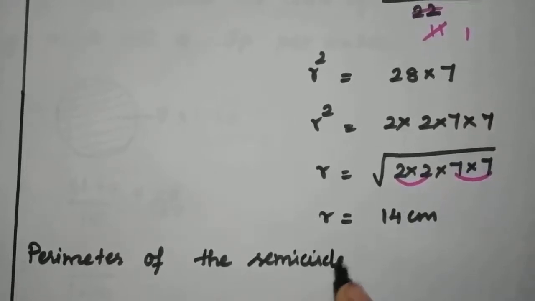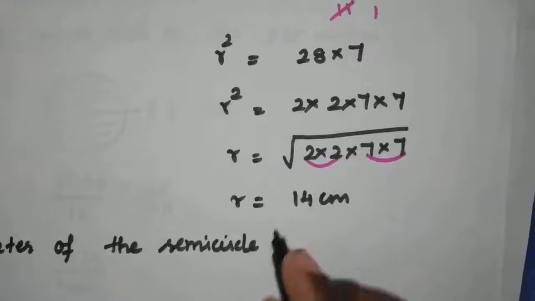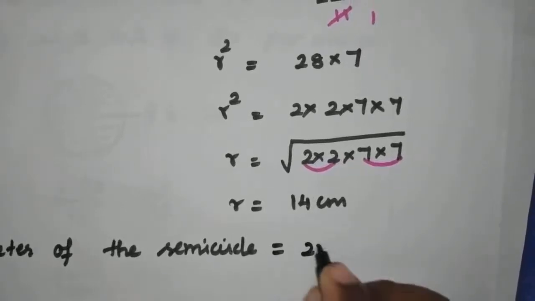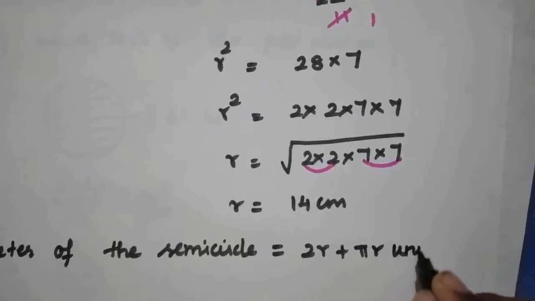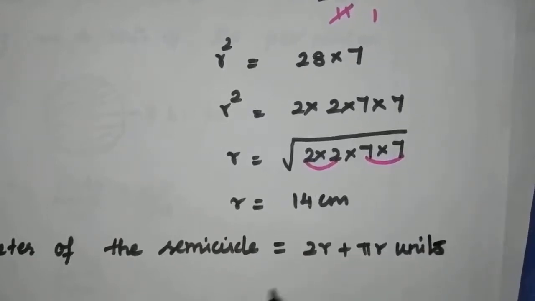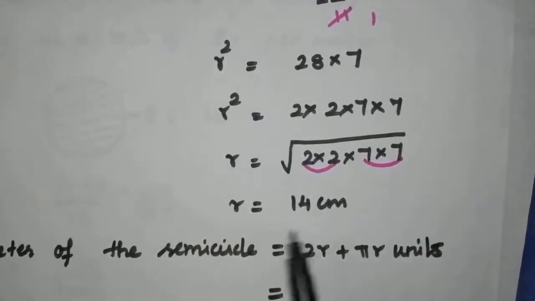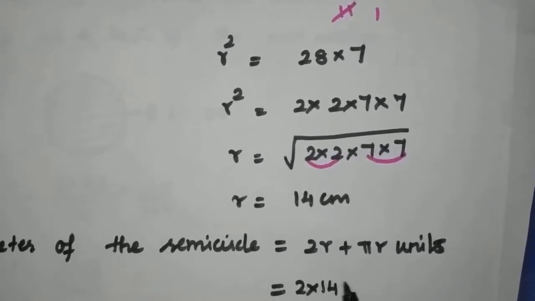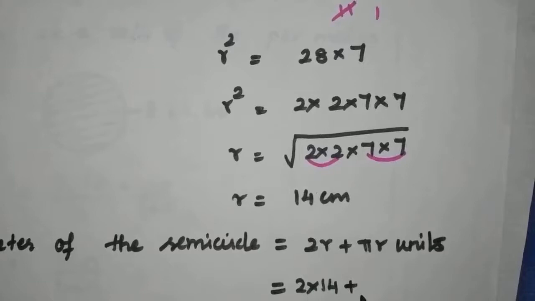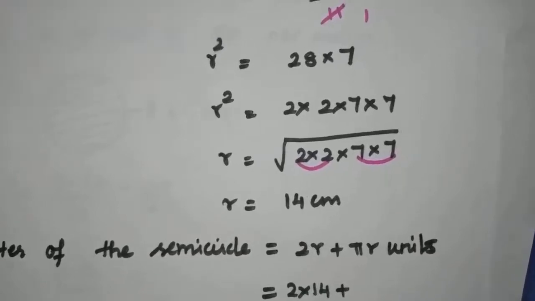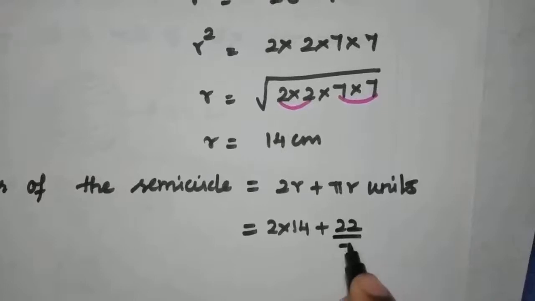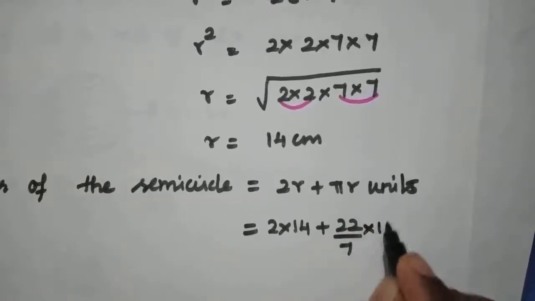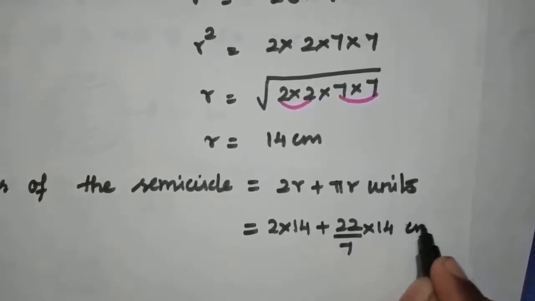So the perimeter of the semicircle is equal to 2r plus pi r units. So now you can substitute the value of r as 14. 2 into 14 plus, what's the value of pi? Yes, that is 22 by 7 into r is 14. Here the unit is centimeter.